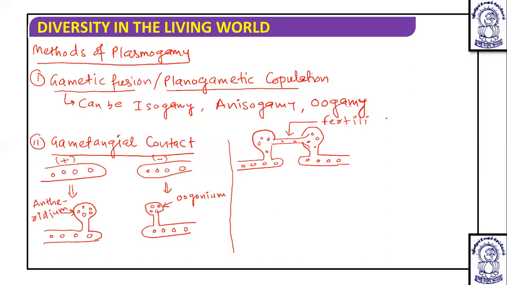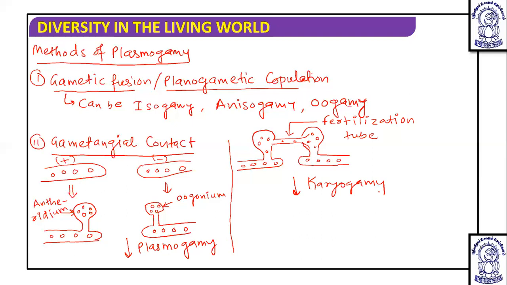So here, particularly, the fertilization tube develops between male and female gametangia, or from the antheridium towards the oogonium. So here, this is the way of plasmogamy. And after plasmogamy by fertilization tube, there will be occurrence of karyogamy.